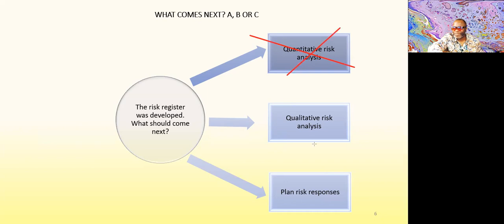So it's not this. Planning risk responses happens after you do the quantitative. So it's not this. The answer is qualitative. Qualitative comes before quantitative, and quantitative comes before planning risk responses. All right. So I hope this is making sense.